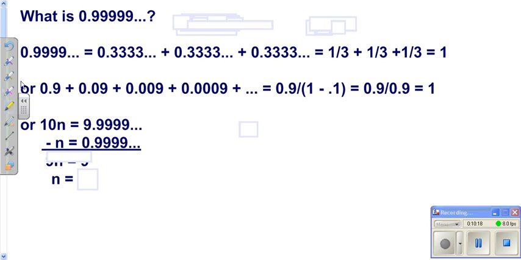Then we're going to go ahead and subtract. Subtract the left side, subtract the right side. On the left side, 10n minus 1n is 9n. On the right side, all the repeating stuff drops, and then you get 9 minus 0. Divide both sides by 9 to get n by itself, and once again you get 1. So 0.9 repeating is 1.